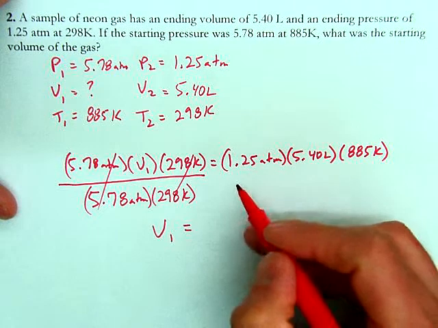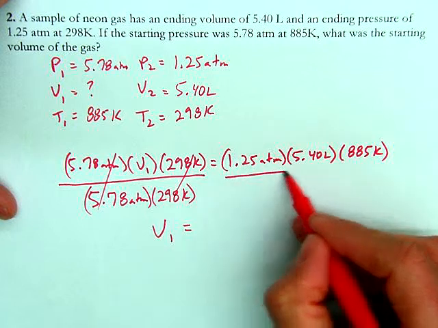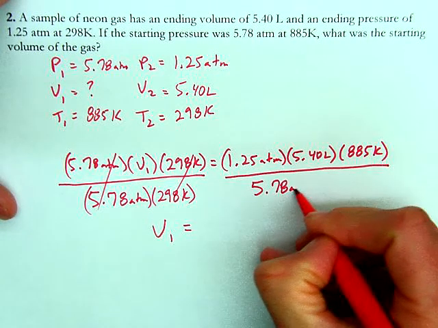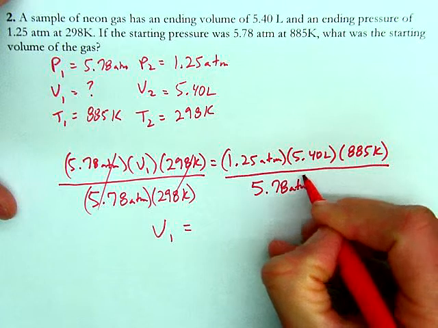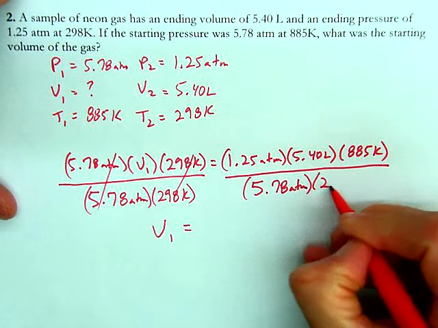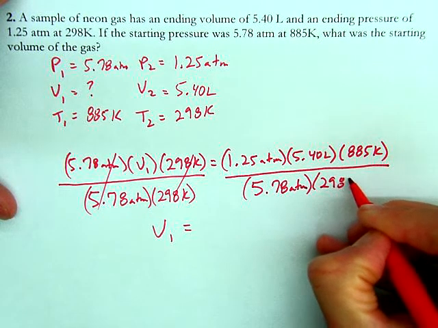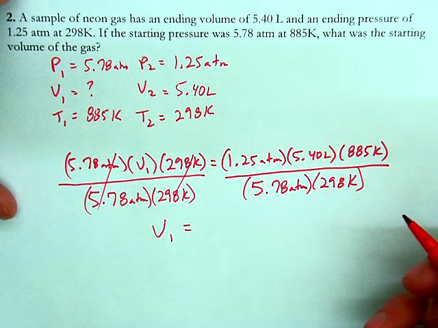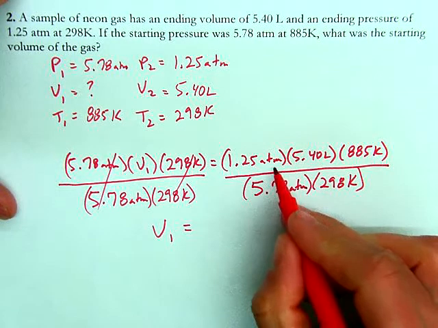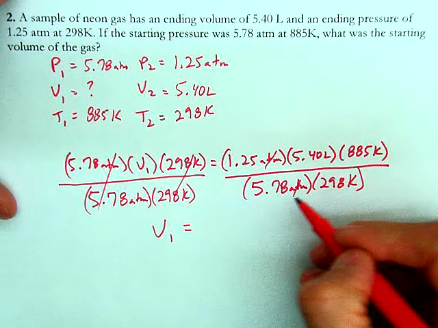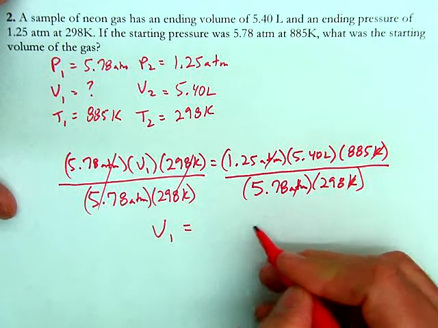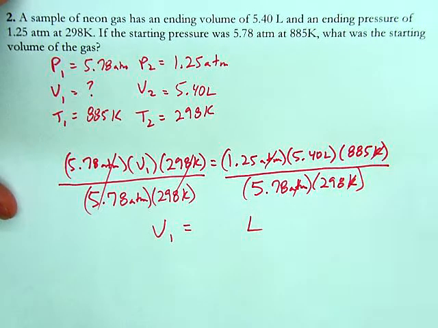But whatever we do to one side, we're going to do to the other, so this side gets divided by 5.78 ATM times 298 Kelvin. Now, atmospheres divided by atmospheres will cancel. Kelvin divided by Kelvin will cancel, and it will leave us with our volume in liters.